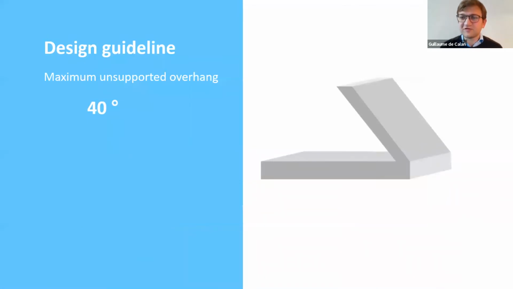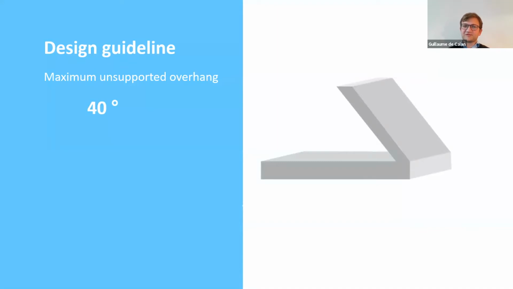Then there's the question of overhangs. FDM is a process where you print layer by layer, of course, and you can't print on top of nothing. You need to have material below it. And if you have too much overhang, you will need supports. The maximum unsupported overhang is 40, 45 degrees, depending a bit on how fast you're printing. But let's say 40 degrees.